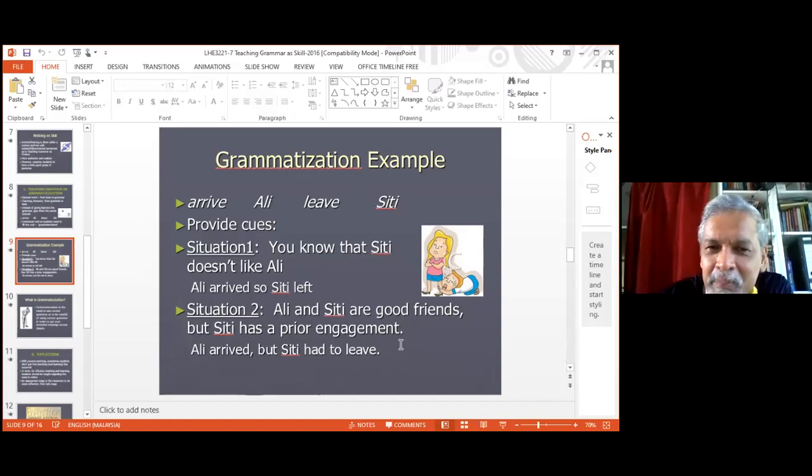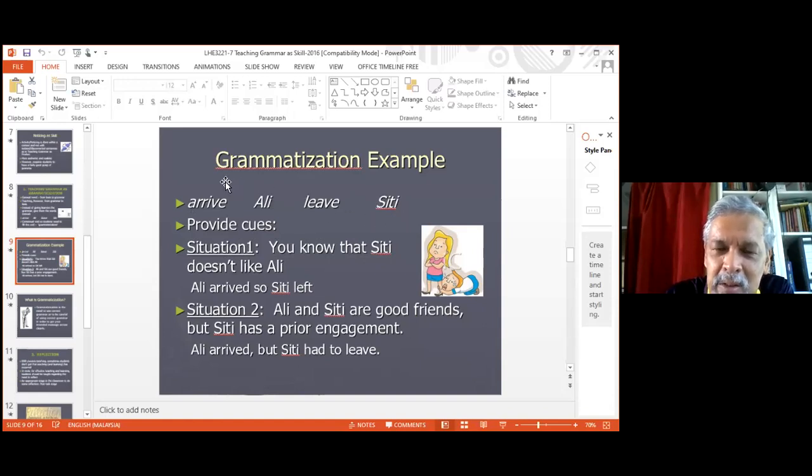Once again, these are 4 words. If you don't have any situation, you can come up with any kind of sentence that you want using these 4 words. You can have Ali left when Siti arrived, or Siti arrived when Ali left, etc. But if you provide a cue or a situation, then you have to think in terms of how to express this situation using these 4 words.